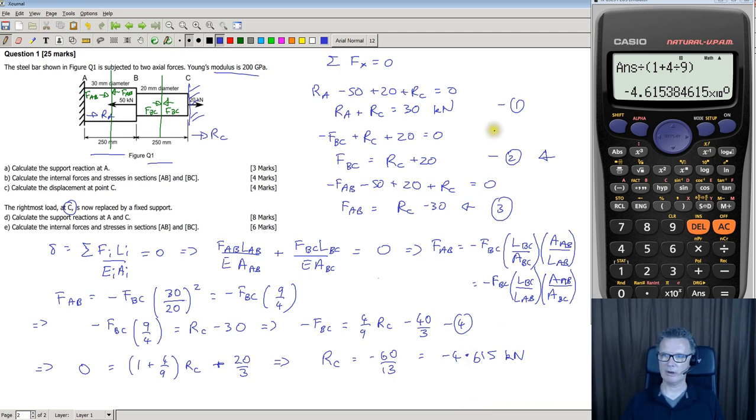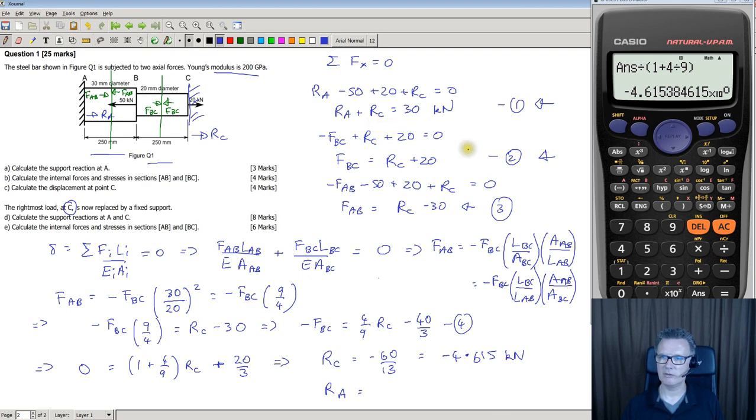Okay, now I can go back to equation 1. RA equals, see, I had to do a little merry dance there to get rid of all the internal forces. In a way, it's easier to work out the internal forces and then go back, but hey ho, let's do things in order. So here we're now going to go back to this equation here.